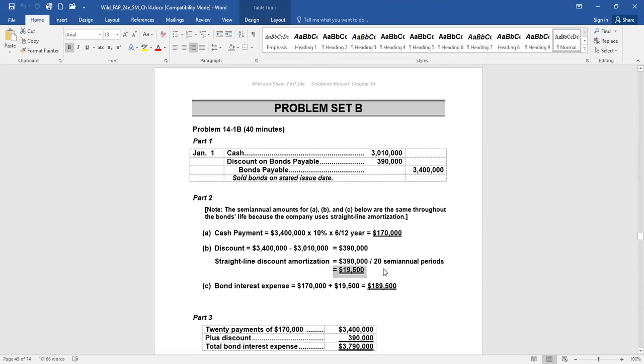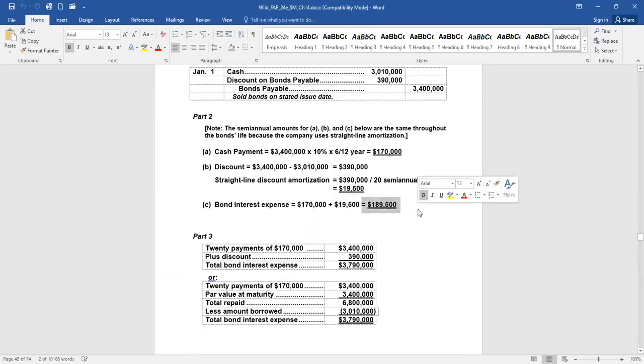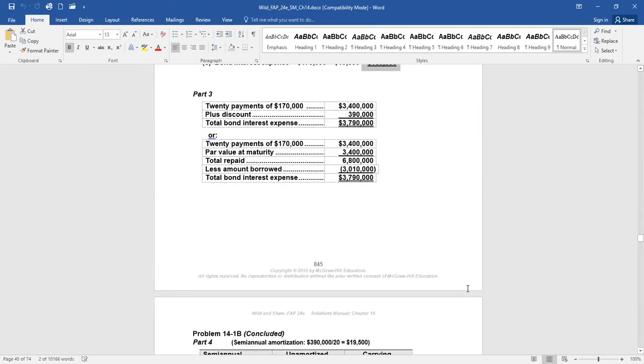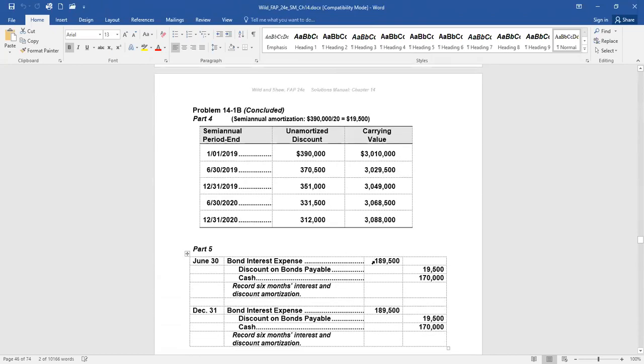Each interest payment date, we not only pay the cash we promise as interest, but also recognize a portion of that discount as interest, giving us total interest expense. That will help us to create our journal entry to record the actual interest every 6 months. Debit bond interest expense, credit the discount on bonds payable account, and credit cash.